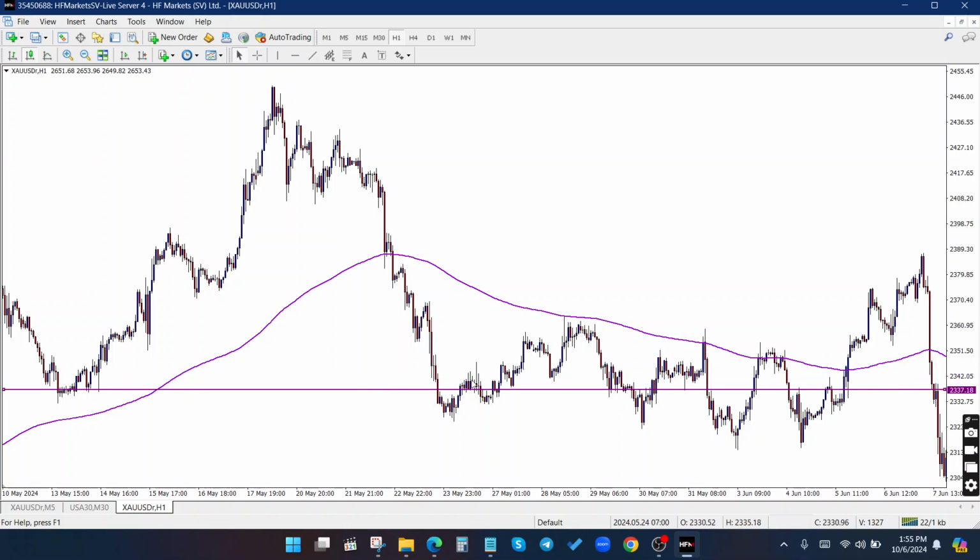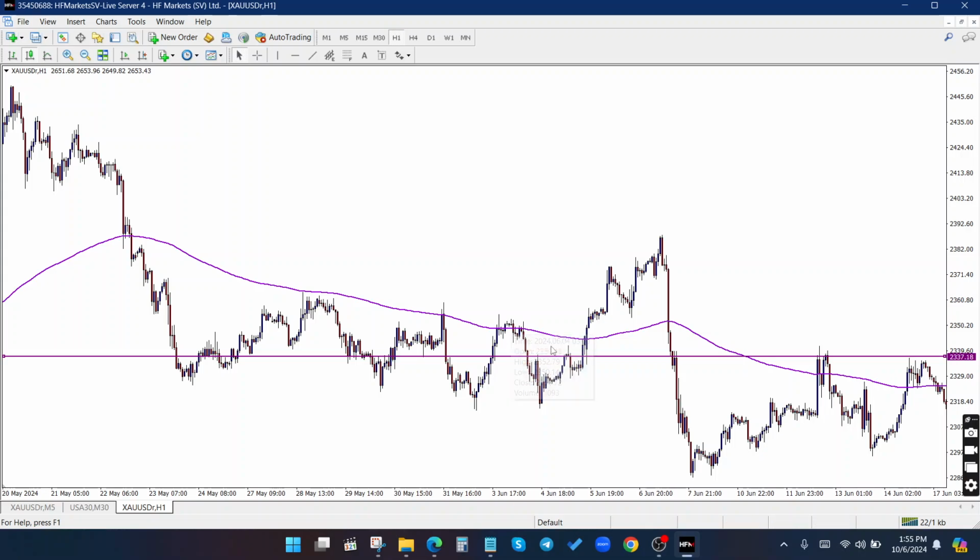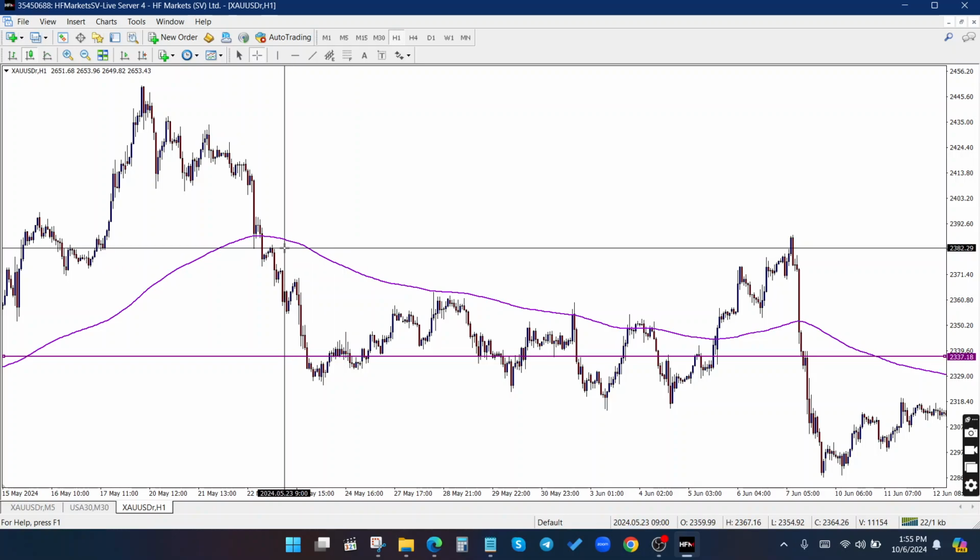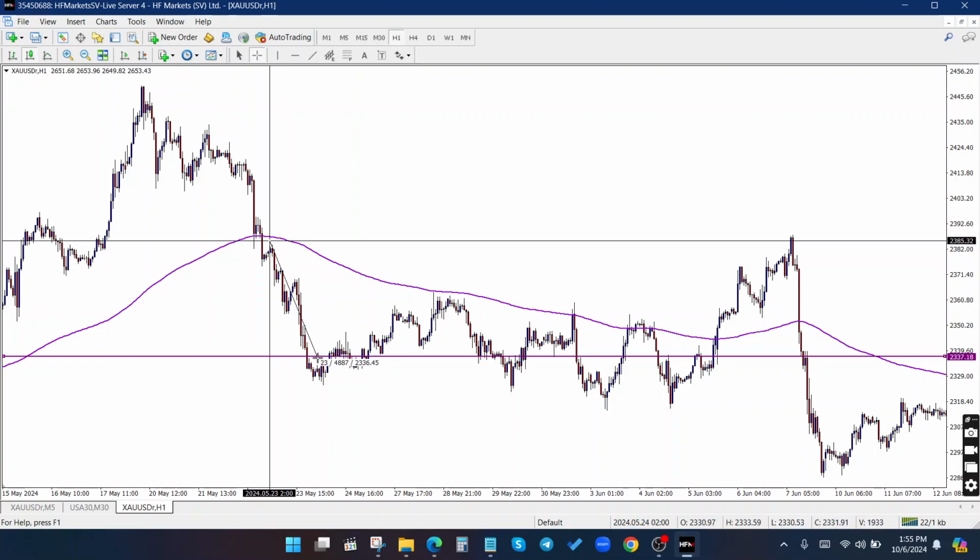Or you can just wait for price to break above the EMA, and that would have happened somewhere around here. Had we entered the sell trade here and ridden it up to this point, we would have caught about 480 pips. If we had waited for price to break above the EMA, we would have caught about 400 pips. That is a good win.